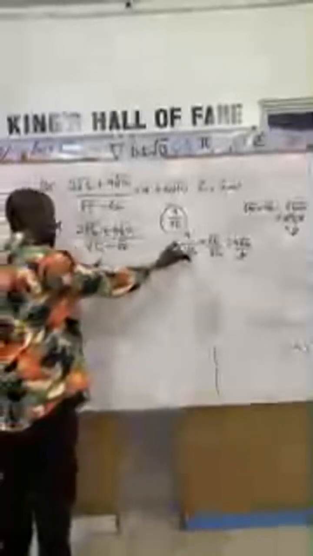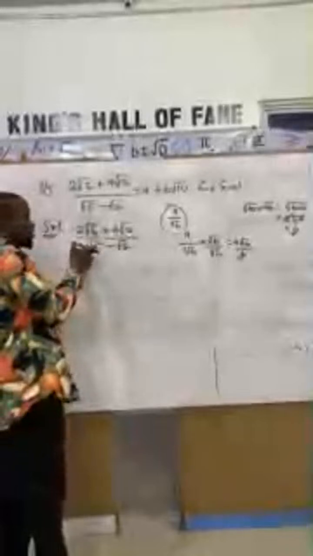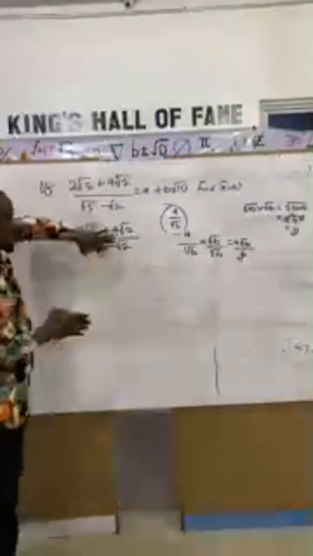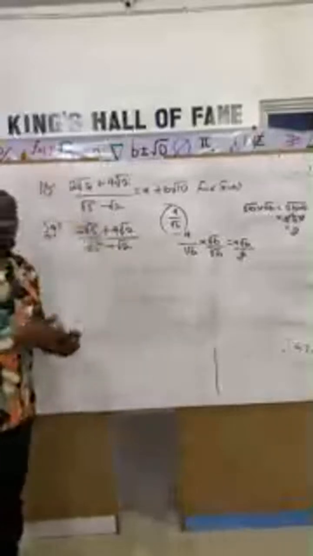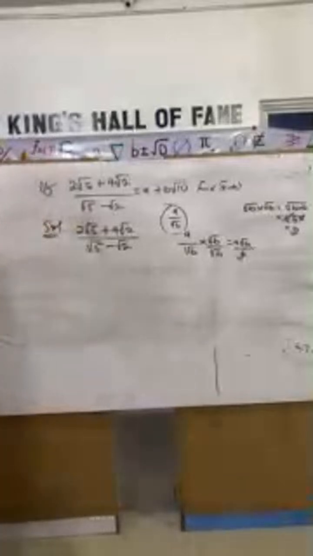But in this case, we have a combination of root 5 and root 2 with a minus. So when we want to rationalize this, we multiply with the conjugate. What do I mean by conjugate?